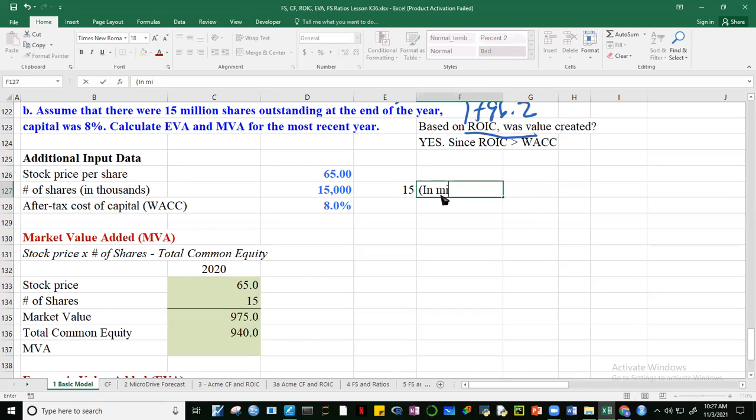So to be consistent, if this is in thousands, to convert it into millions, we have to divide this by 1,000. Okay, so we can now use the number of shares in millions. So let's put this in millions.